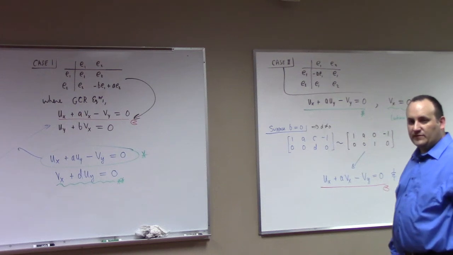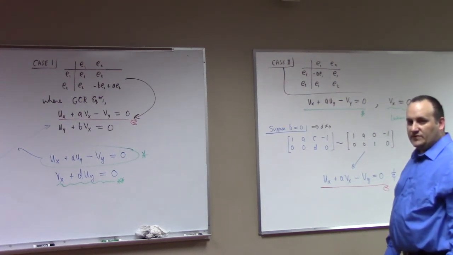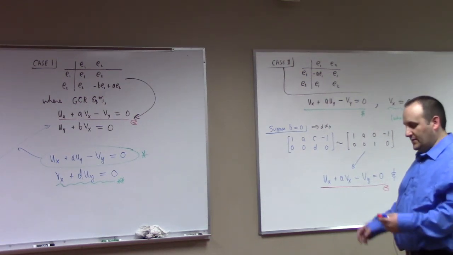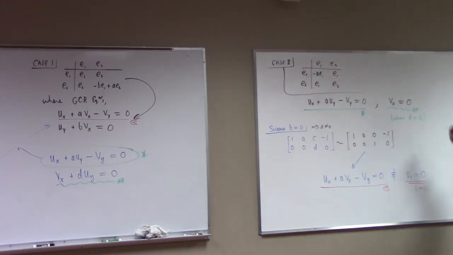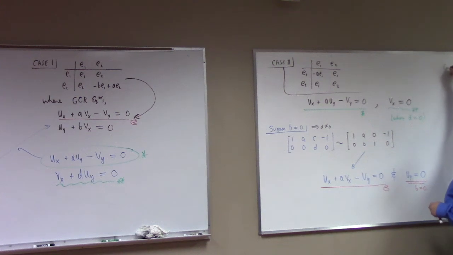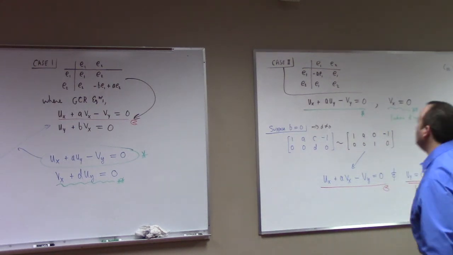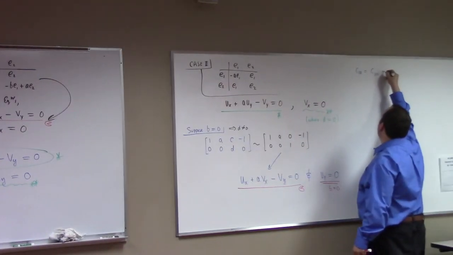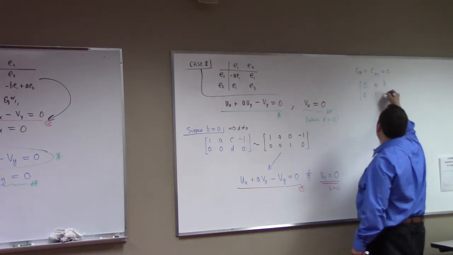In the row reduction, what are the other possible row reductions of such a matrix? Well, the first column might not be a pivot column, right? If the first column's not a pivot column, the other case, and this is the one case I feel like I really mostly understand, is if C121 and C122 are both 0, you've got something like this, right?